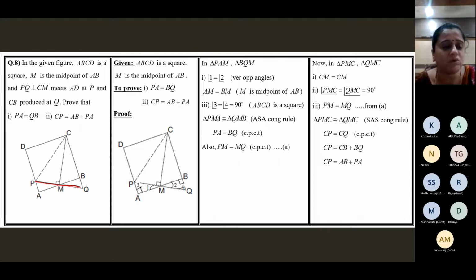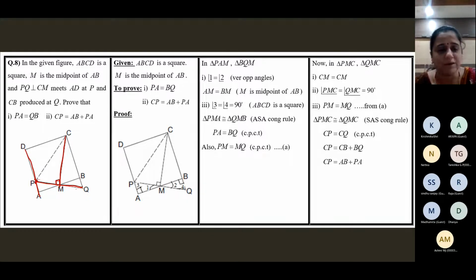One thing is PQ and CM are perpendicular to each other. That's one thing. This point P, it meets the side AD at P.